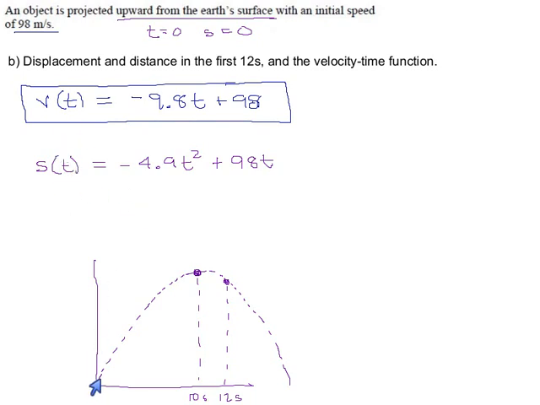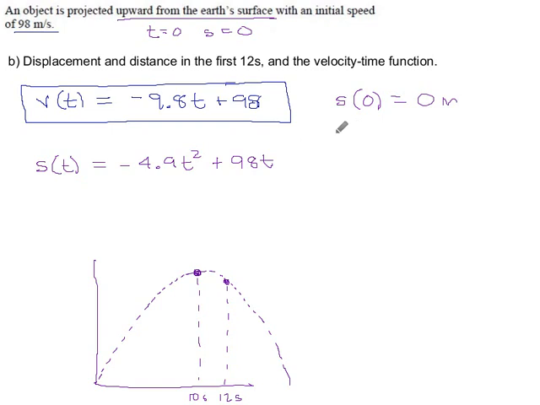If we're doing distance, we're going to have to add up some positive distance up to 10 seconds, and then some negative distance to get from 10 to 12 and combine those. Let's see how that works out. If we're at 0 seconds, our position at 0 is 4.9 times 0 plus 98 times 0 is 0 meters.